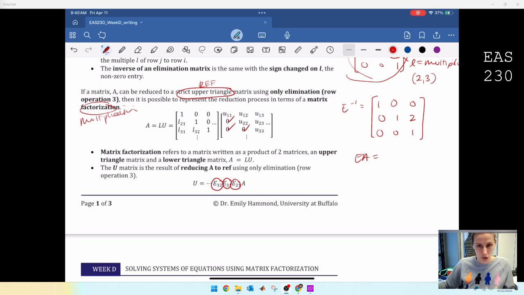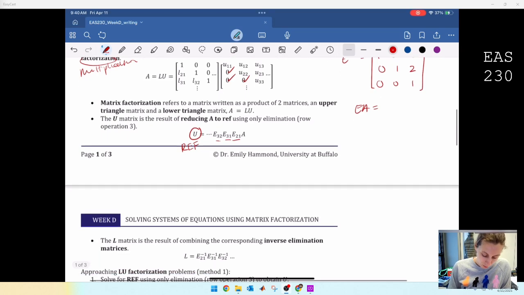The process continues for a 4 by 4. Okay. But doing my elimination steps can be represented as 3 different matrix multiplications. So U is an upper triangle matrix. It's REF. A specific REF that's found by just using elimination that I can represent with these 3 matrix multiplications.